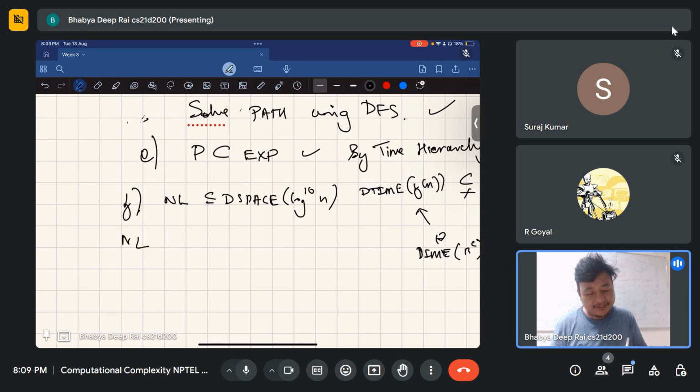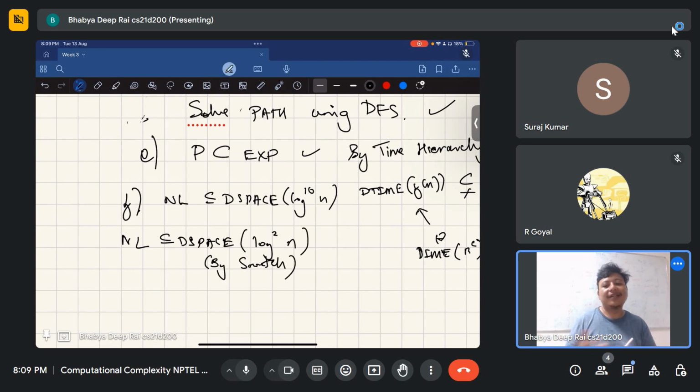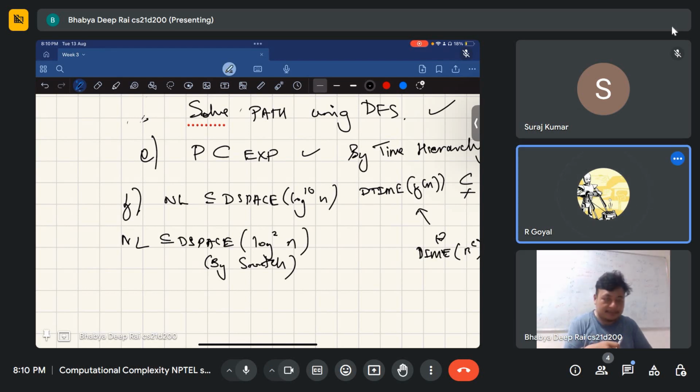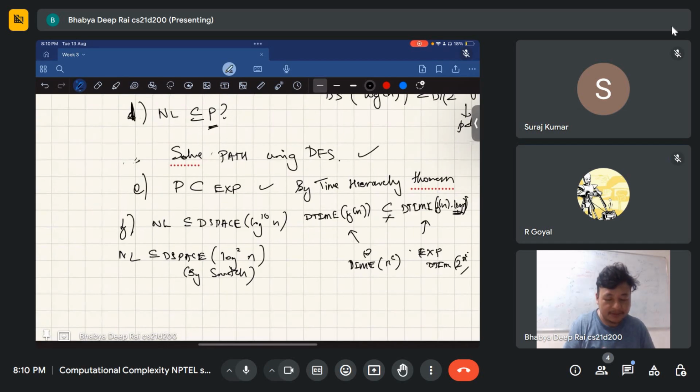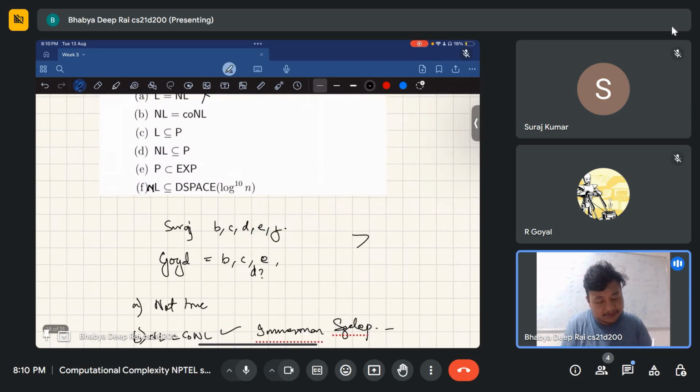We already know that NL is contained in DSPACE(log^2 n) by Savitch's theorem, so obviously it is contained in DSPACE(log^10 n). So Suraj's answer was correct. It's B, C, D, E, F. This is a direct application of Savitch's theorem.